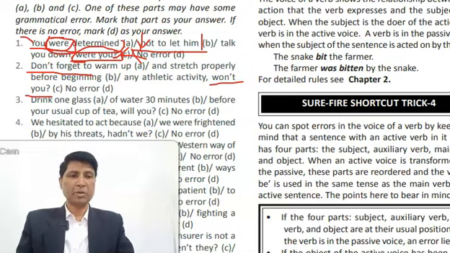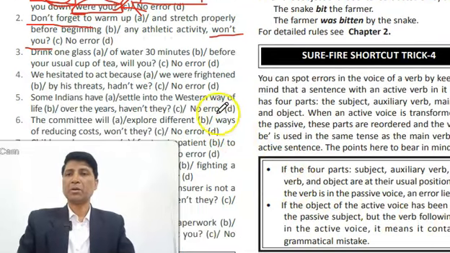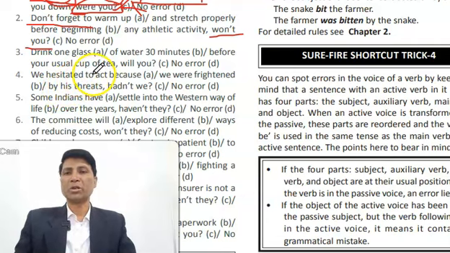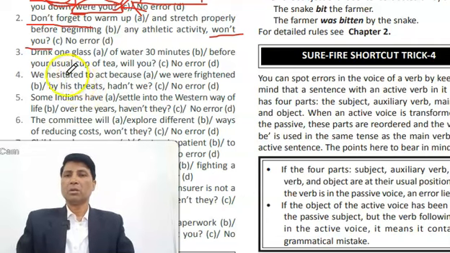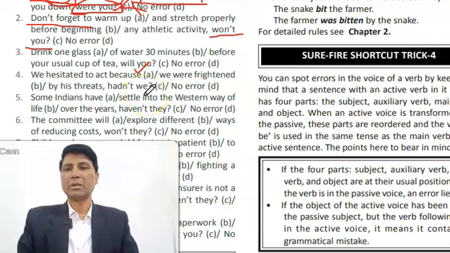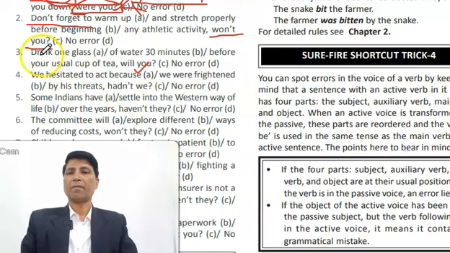Moving on to question number 3. Question number 3 reads, drink 1 glass of water 30 minutes before your usual cup of tea. Will you? So here question tag is positive, and it is in simple future. Is it correct? Answer is yes.